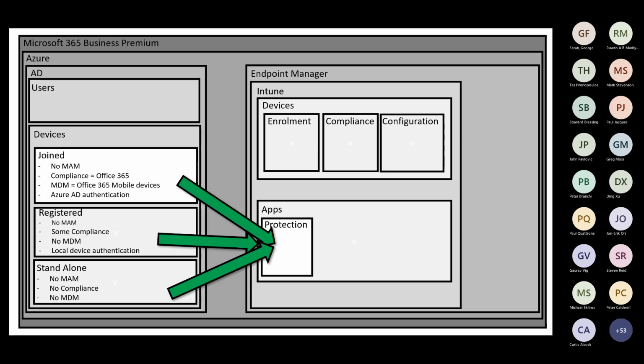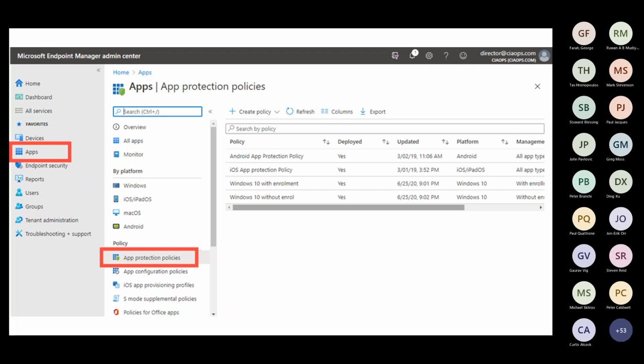Our Endpoint Manager MDM required enrollment, so only Azure AD joined machines could do MDM. That's a prerequisite of using the MDM capability: you need to enroll it. MAM is not that at all. It's just dealing with the applications one at a time. So that's the big difference here. All devices can go through MAM.